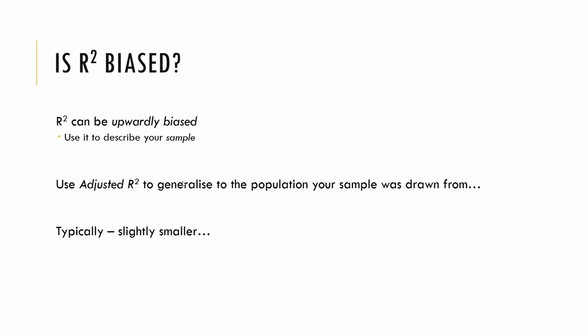If you saw a massive difference between your R squared and adjusted R squared when you produce your output, then that could be a sign that there's something funny going on with the data. But quite often they'll be very similar to each other. As I said, it's typically slightly smaller.